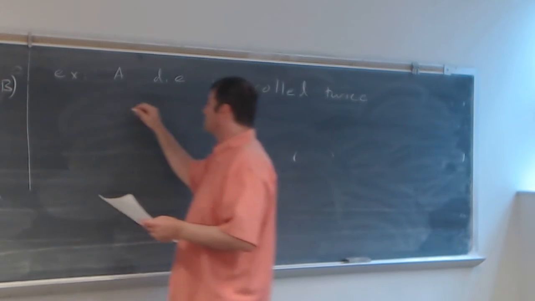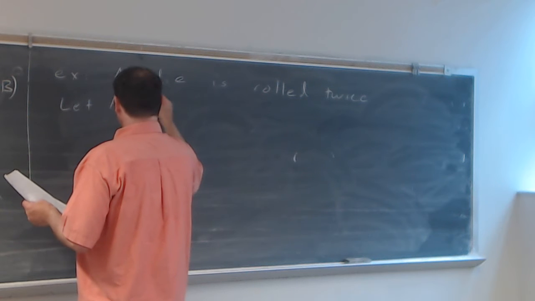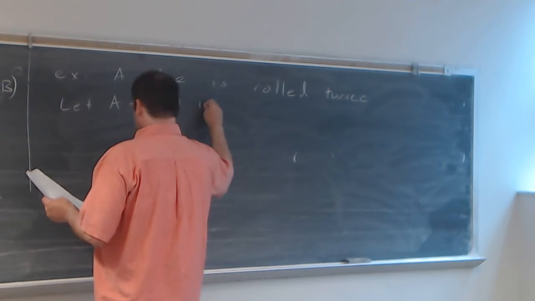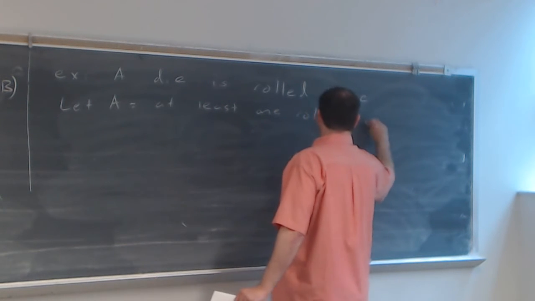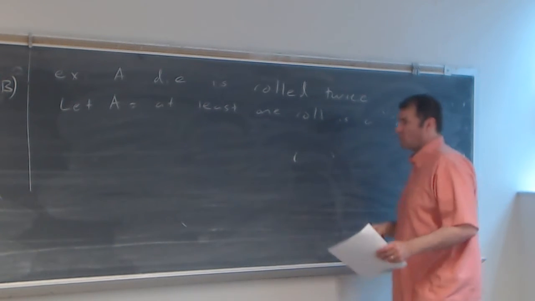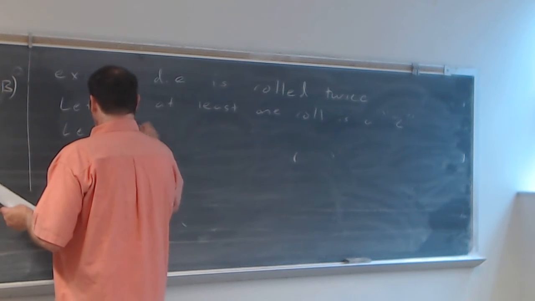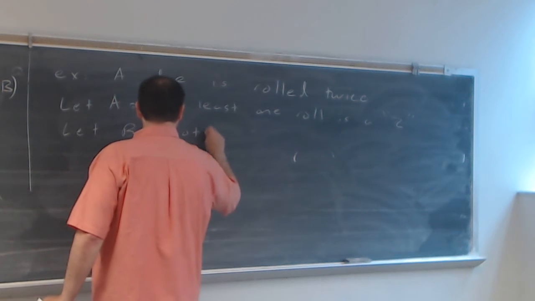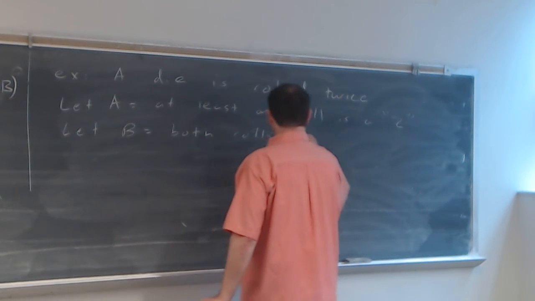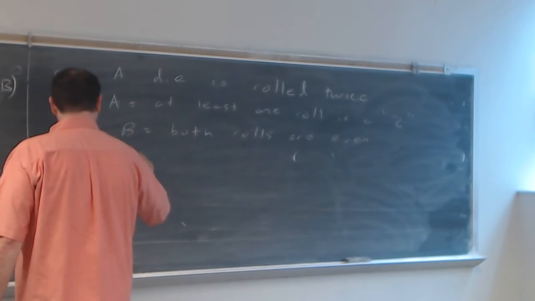Let's let A, so this is an event, be the event that at least one roll is a 2. 2 is involved in the outcome. And let B be equal to both rolls are even. Okay, and the question is to find the probability of A and B.